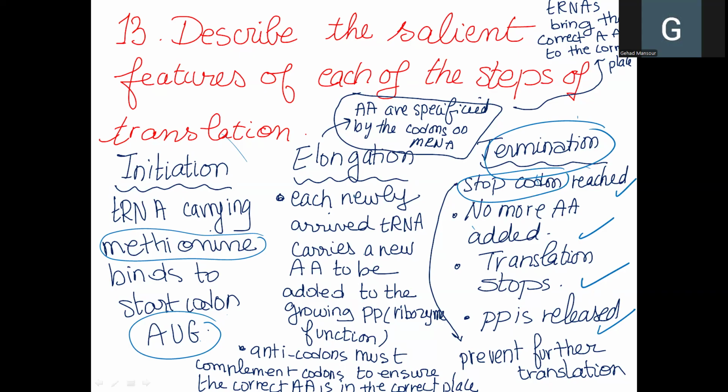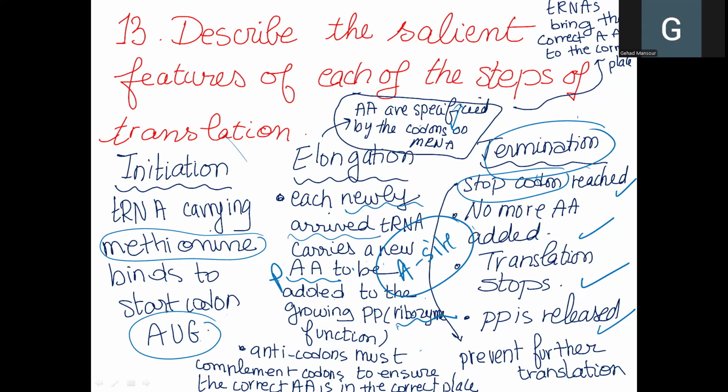In elongation, we are bringing more and more amino acids according to the sequence of codons on messenger RNA, and each newly arriving transfer RNA carrying a new amino acid will enter the A site on the ribosome, waiting for the polypeptide chain to be detached from the transfer RNA on the previous site, which is the P site, and they are added to the growing polypeptide chain using ribozyme or the peptidyl transferase.